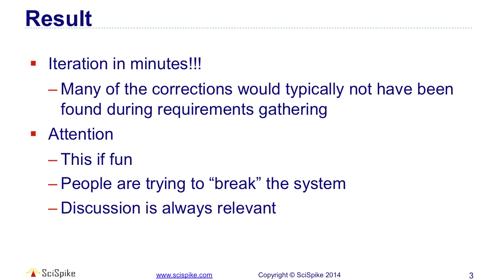Another thing is that the domain experts now can be put in one room, and it will be very efficient. You don't have to get the domain experts together at regular intervals, which is often very, very difficult to do. It's fun, and while the people are trying to break the systems, the discussion is always very relevant, and it's at the right level of abstraction.